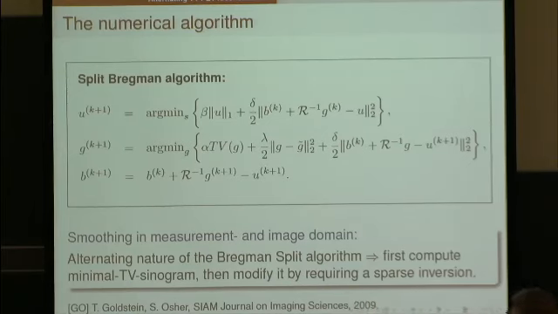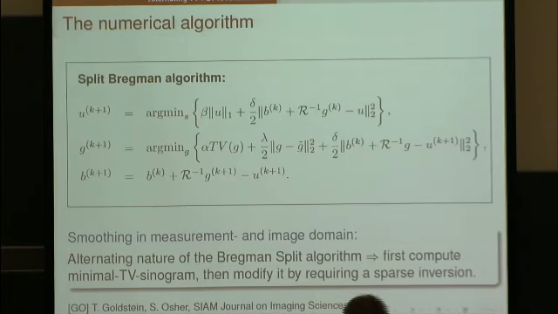And then you split your joint minimization of U and G into two minimization problems, where you alternatingly solve a minimization problem for the image and for the sinogram.